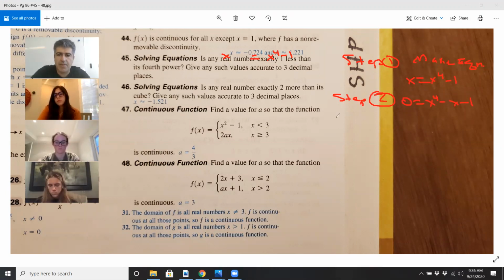And that's just move all terms to one side. Move all terms to one side. Step three.